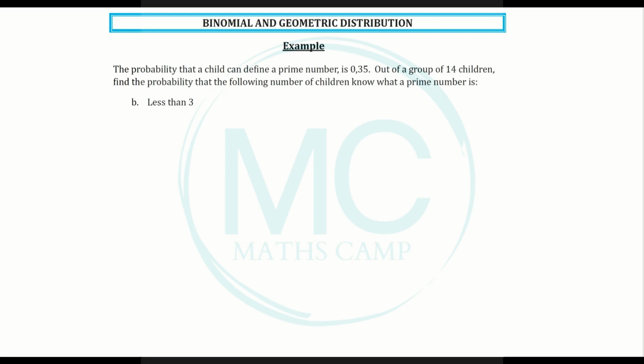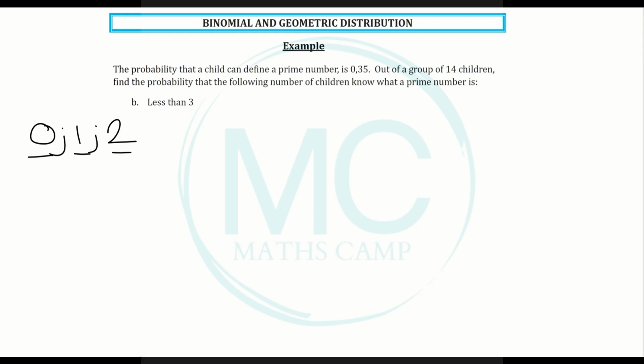Find the probability that less than 3 children. If we are working with less than 3 children, we could have no children at all, 1 child, or 2 children. These are the values of r that we need to consider.